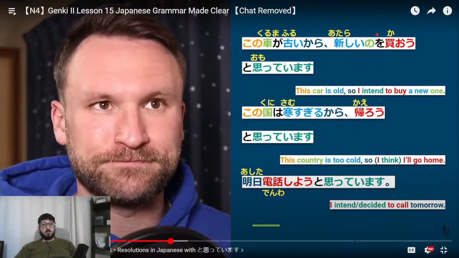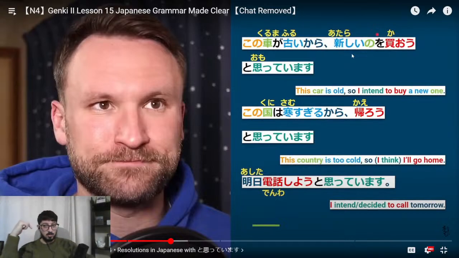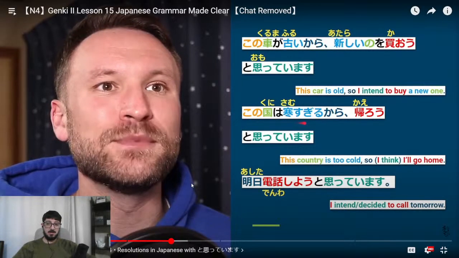Because this car is old, 新しいのを買おうと思っています, I already made the decision to buy a new one.